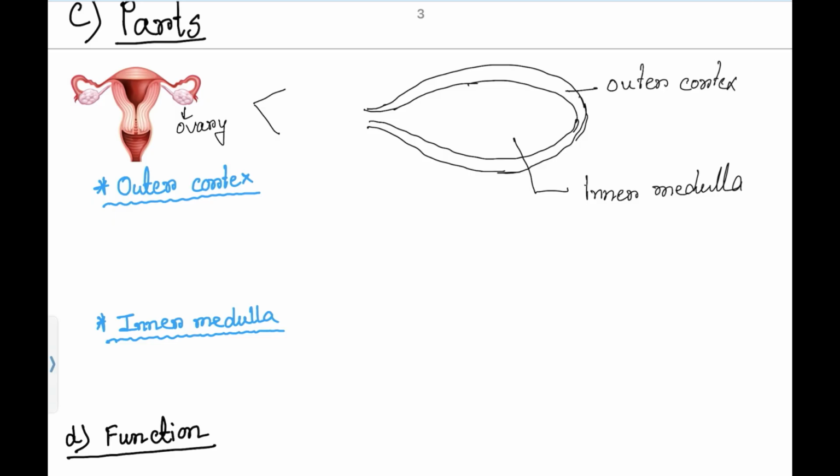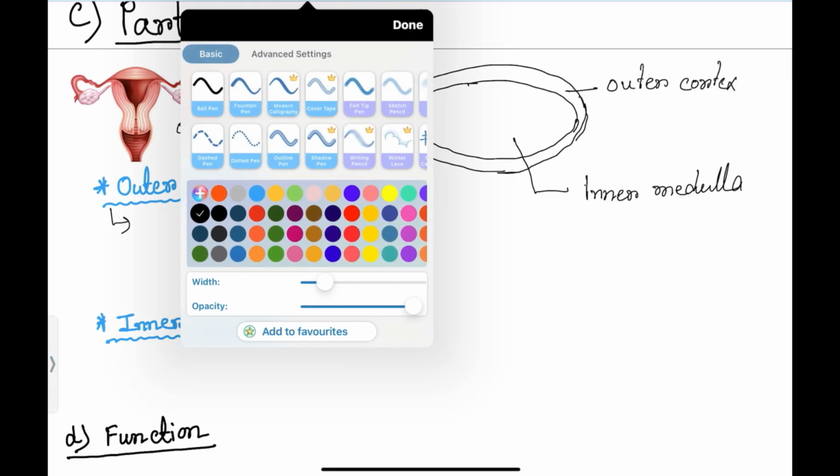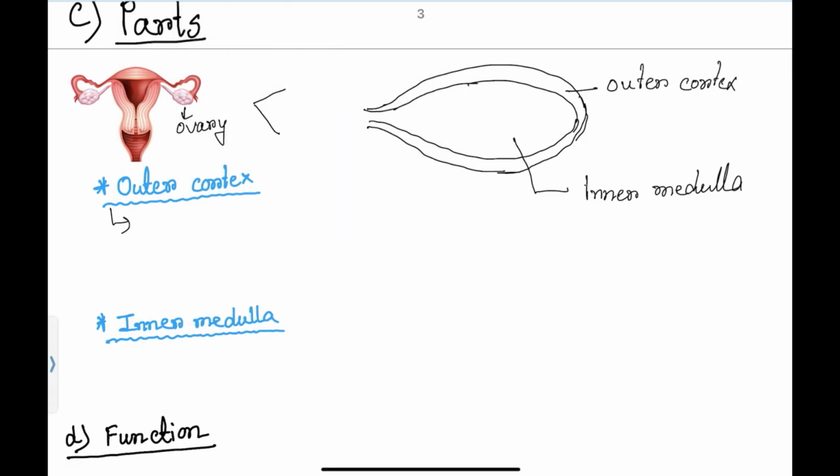So what all is present in the outer cortex? In the outer cortex region, ovarian follicles. There are different kinds of follicles, like primary follicles, secondary follicles, then tertiary follicles, various follicles, mature follicles. One by one they get matured throughout your menstruation phase, right? So all ovarian follicles are present in this outer cortex.